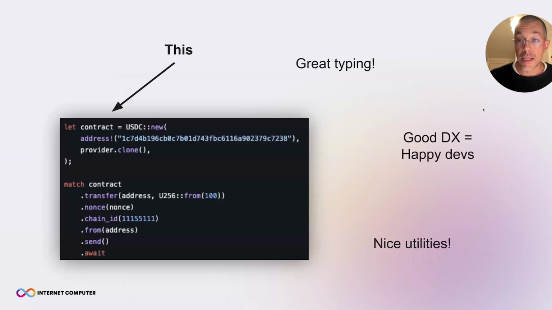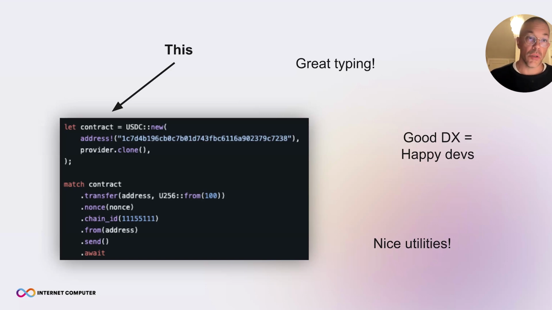Using Alloy instead, this is how it looks. So like I said, Alloy provides this abstraction layer on top of the EVM RPC canister. It provides types for signers and for providers. So basically, we use ICP as a transport layer initially, and we also use the signer abilities of ICP to sign transactions.